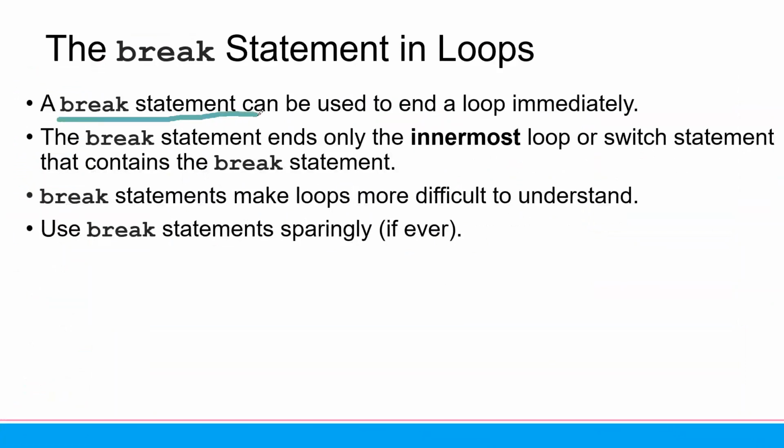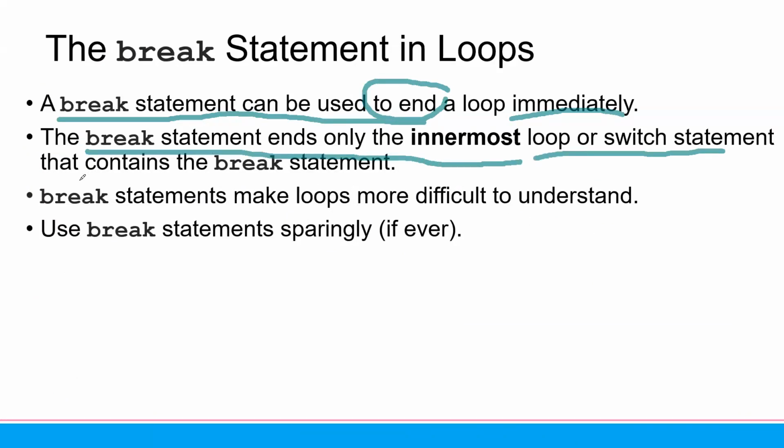A break statement can be used to end a loop immediately. So to end means to terminate, to stop. And the break statement ends only in the innermost loop or switch statement that contains the break statement.